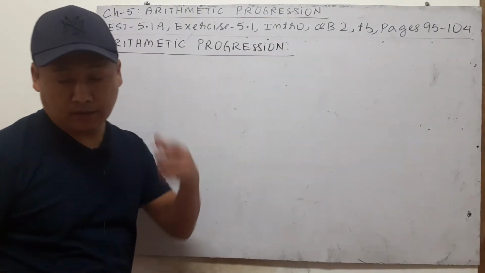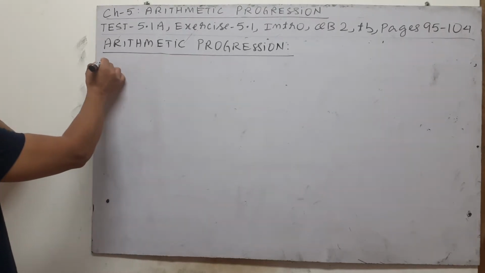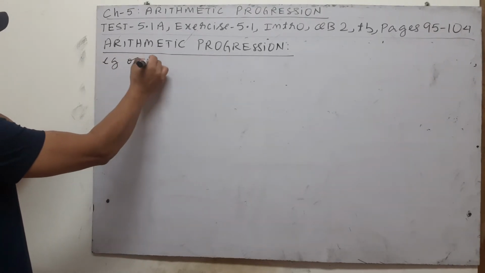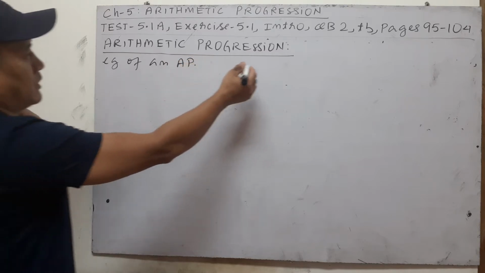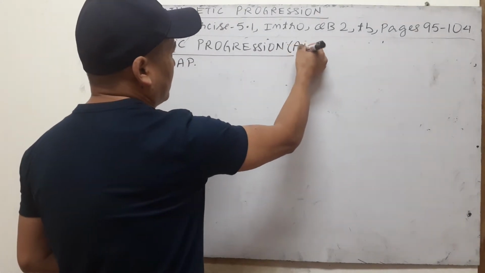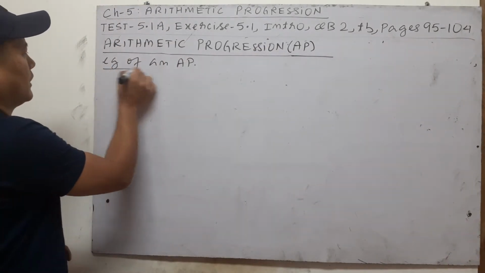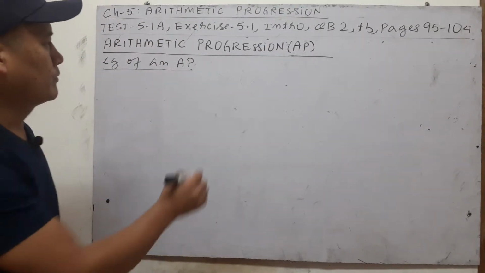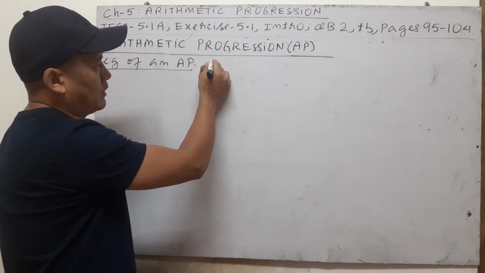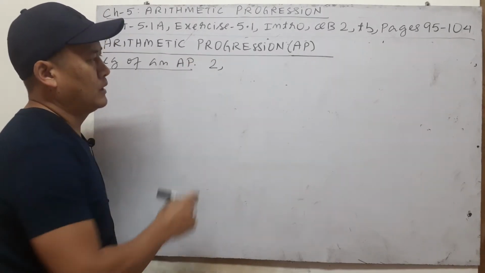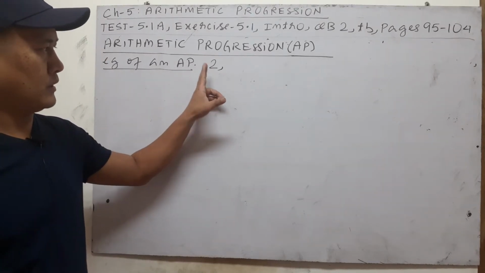Now let us narrow it down to one type of progression called arithmetic progression. For that, let us take an example first, because it's always easier to take an example. An arithmetic progression is usually denoted by the abbreviation AP. Let me give you a real example of an AP. 2, this is the first term.